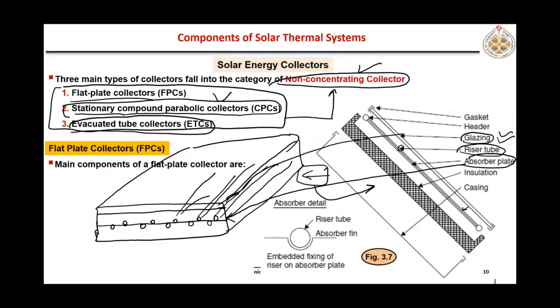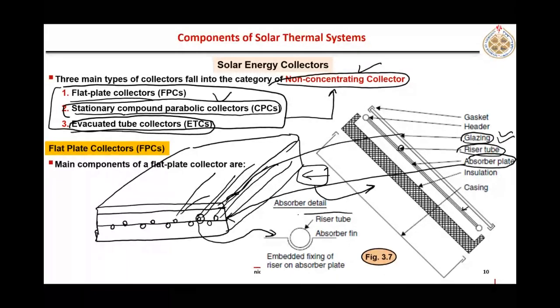The same portion, this riser tube which is welded to the absorber, is separately shown here. This is the cross-sectional view of the riser tube attached to the absorber. This absorber is a flat plate, which is acting like a fin.